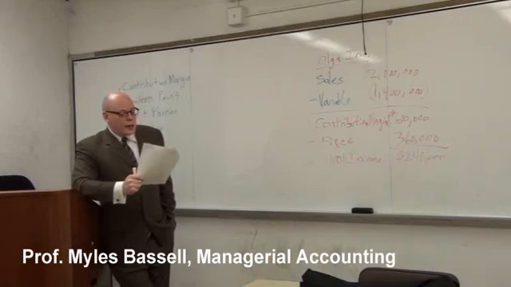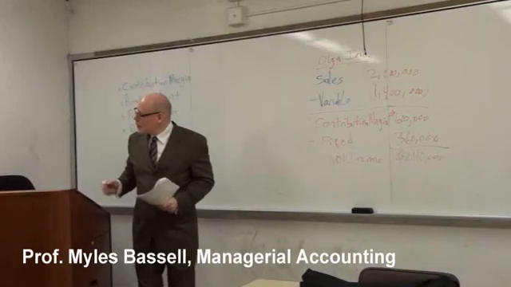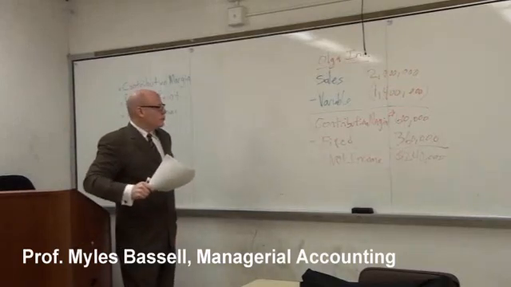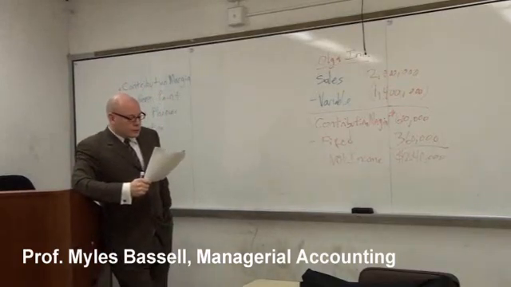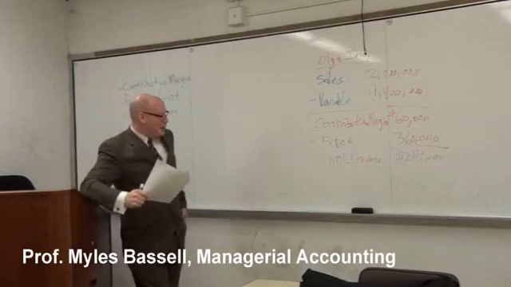And the question is, what is the company's contribution margin ratio? So how do we calculate that? Divide 2 million by 600,000, or 600,000 by 2 million? It's the other way around.